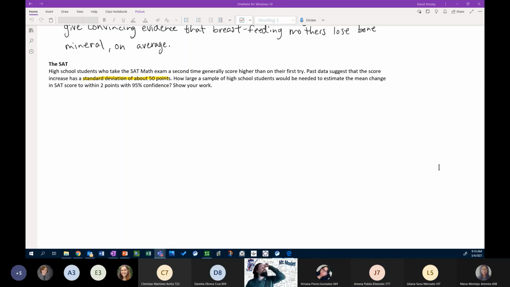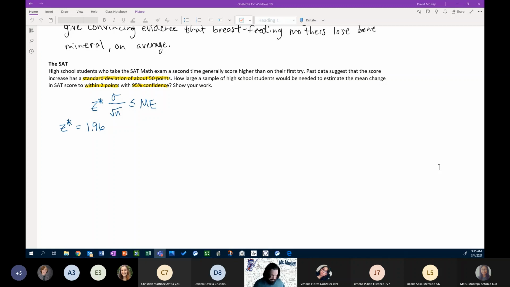Right. So this is a question about sample size. So we're going to use our formula here with Z star times sigma divided by square root of n less than or equal to ME. We know that Z star is going to be equal to 1.96 from our previous results at a 95% confidence level.